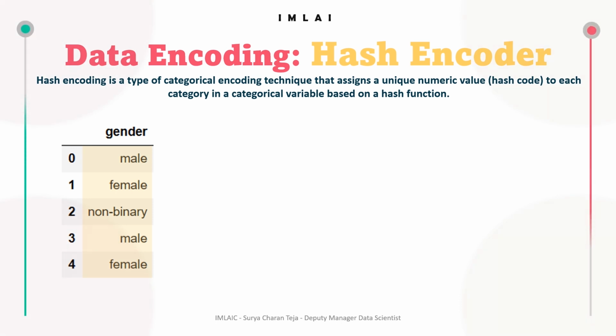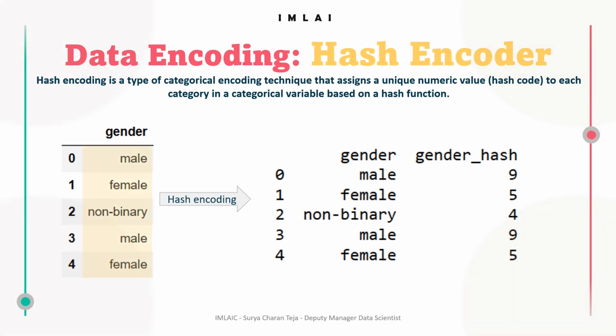Now let's understand the hash encoder with an illustration. We have taken a similar data set where gender has three categories: male, female, non-binary. Now I want to convert this using the hash encoding method. After applying the hash encoding, this is how it will be converted.